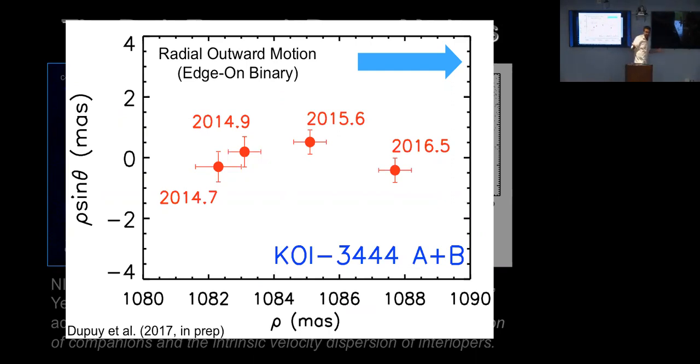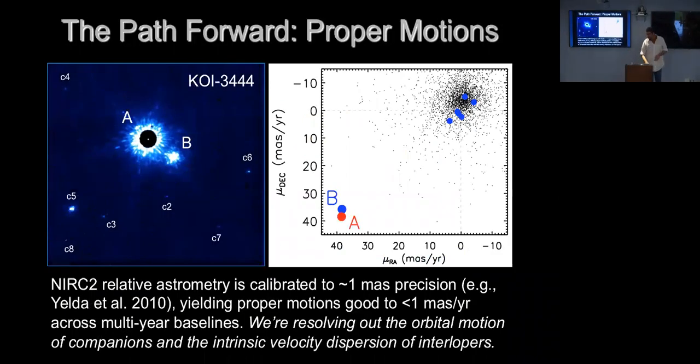Which is an interesting statement: B is in an edge-on orbit, more or less, around A. Which is interesting because A has transiting planets. The planets are in an edge-on orbit.